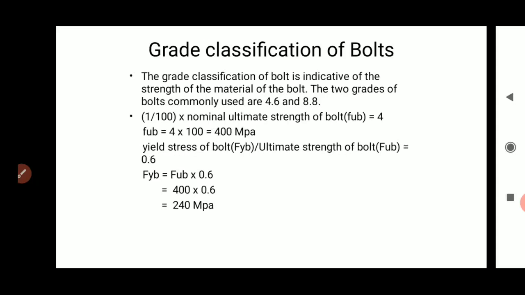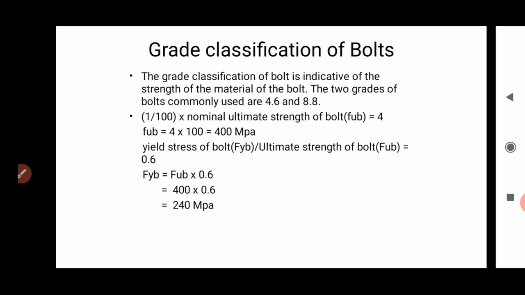Then next we will see grade classification of bolts. What do we mean by grade classification of bolts? Generally, from the grade classification or property class of bolts, we can know the strength of the bolt. The grade classification of bolt is indicative of the strength of the material of the bolt.